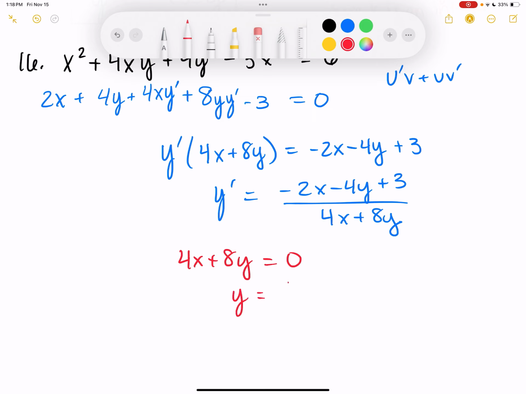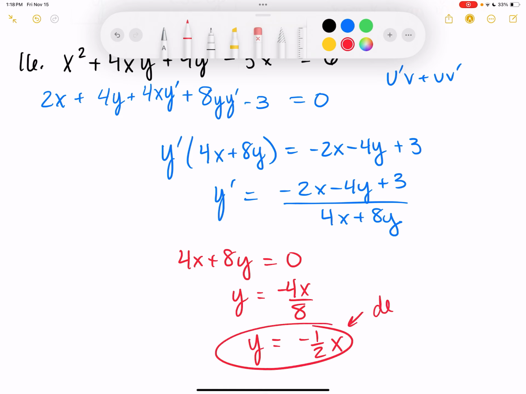So y equals negative 4x over 8. So y equals negative 1/2 x. So this one's a little different than the last one. It is defined everywhere but here. So basically when negative 1/2 x equals y, we have a problem.